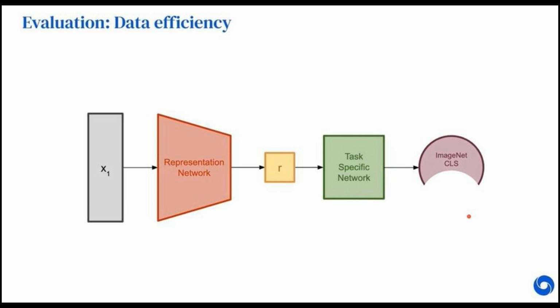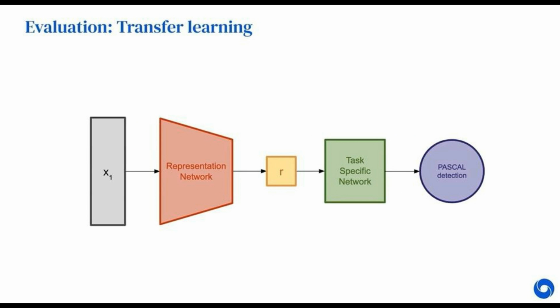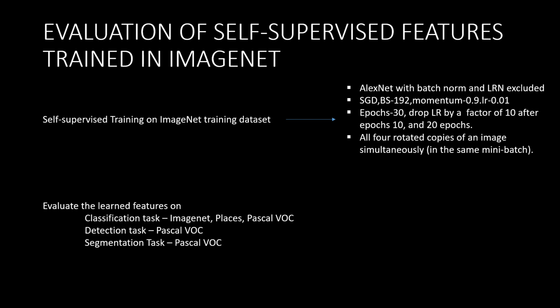And then another is using a portion of the dataset, like how your model is performing with 10% labeled data or 20% labeled data and so on. And another method is obviously transfer learning, where you use the representation that you have learned in the unsupervised way and transfer it to other tasks, for example, detection, segmentation, or other datasets, and see how it performs. And that's what the authors have done in this case also.